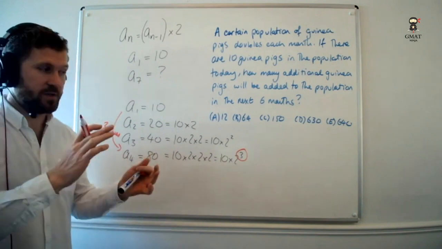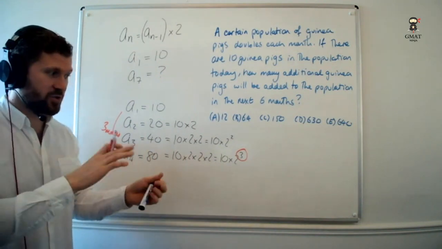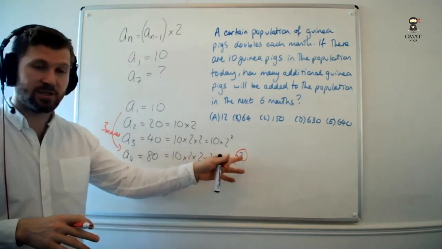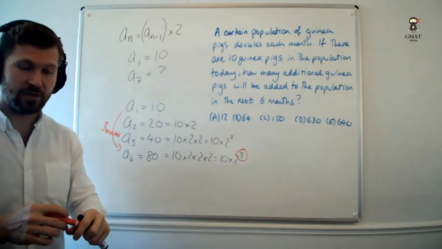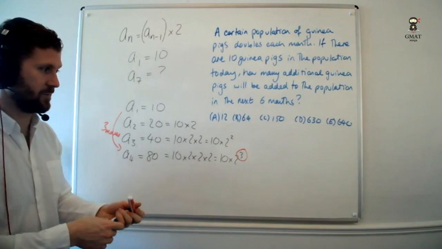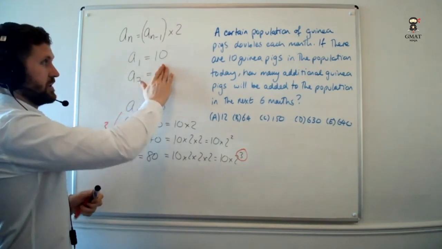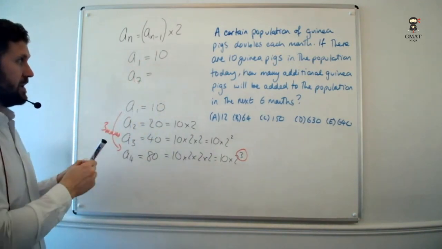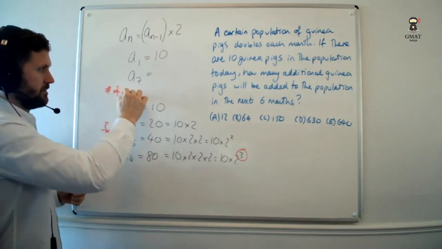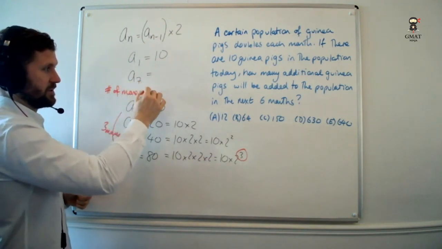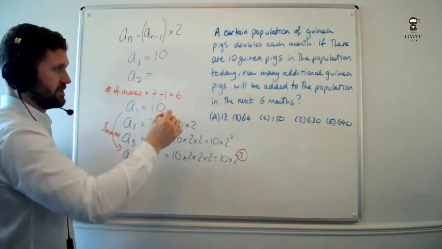Now, I'm told that the sequence doubles. That would be different if it tripled: I'd have 10 times 3 cubed. The power matches the number of moves in a sequence where you're multiplying. And so, as you can see, we're going from A1 to A7. Well, for the number of moves, we could just do the 7th term minus the first term. So 7 minus 1 gives me 6.